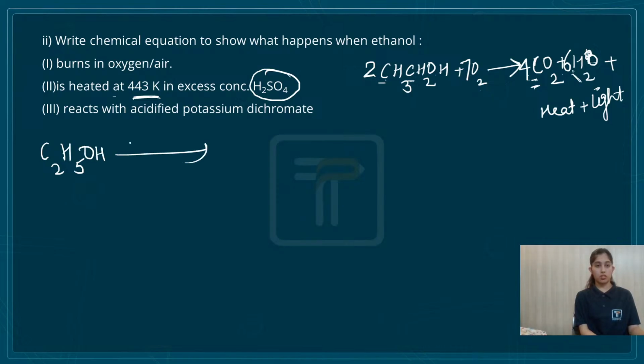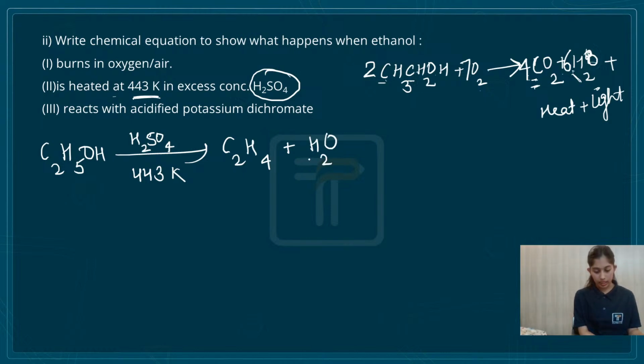C2H5OH in the presence of H2SO4 at 443 Kelvin. What is going to happen? Only C2H4 will remain. And what will get removed?